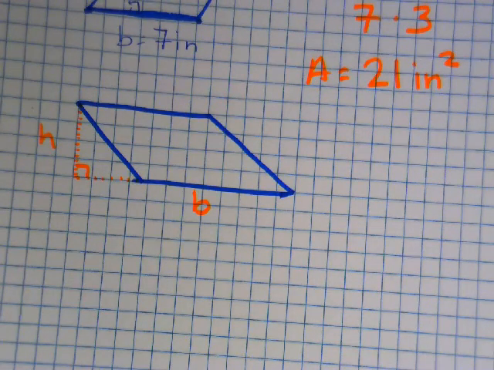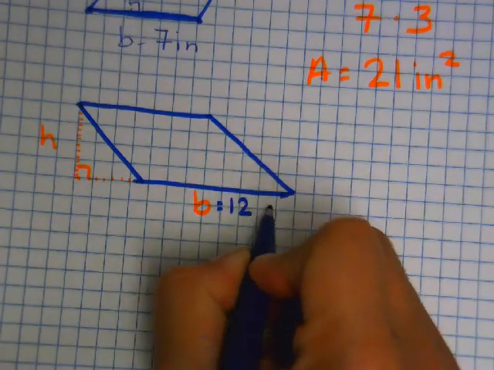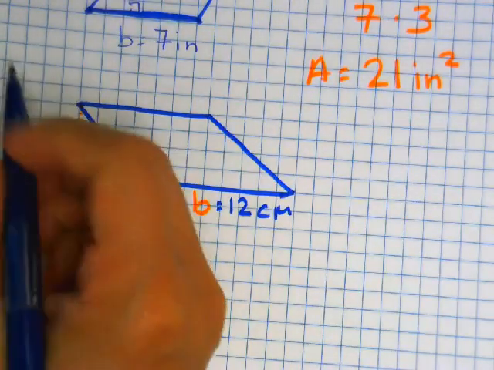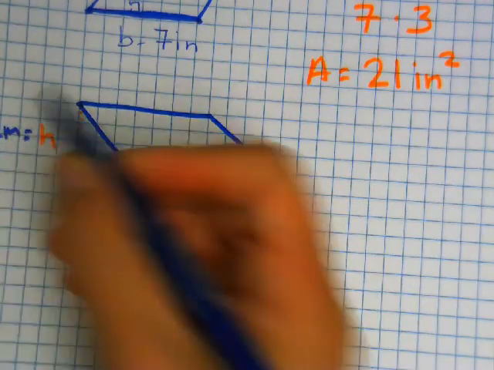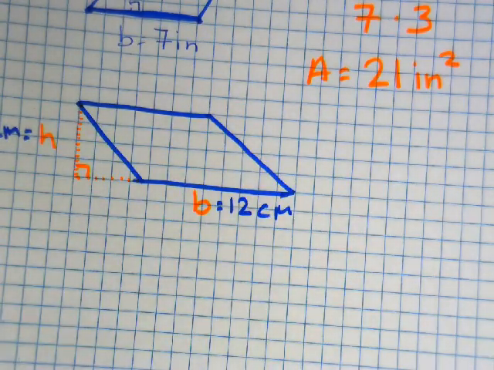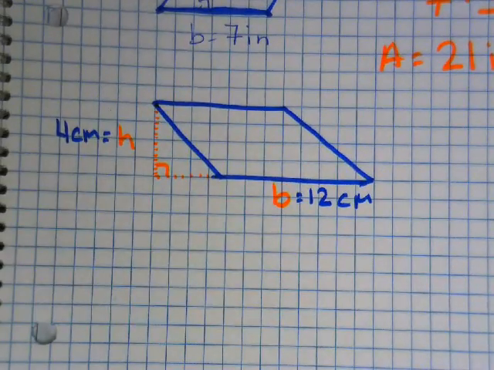All right, so let's say that your base is 12 centimeters and your height is 4 centimeters. What would be your area? What's 4 times 12? 48.